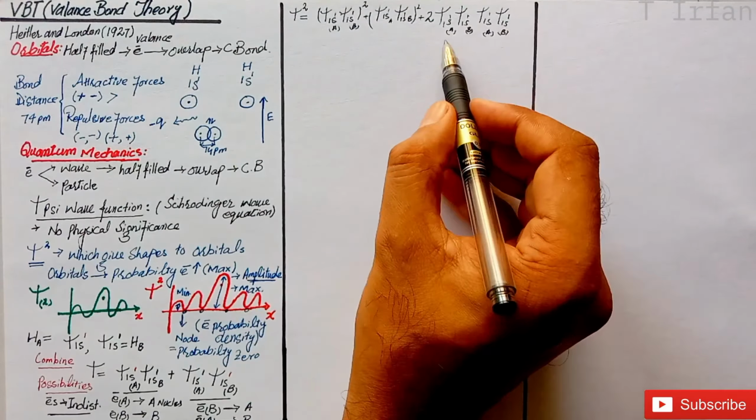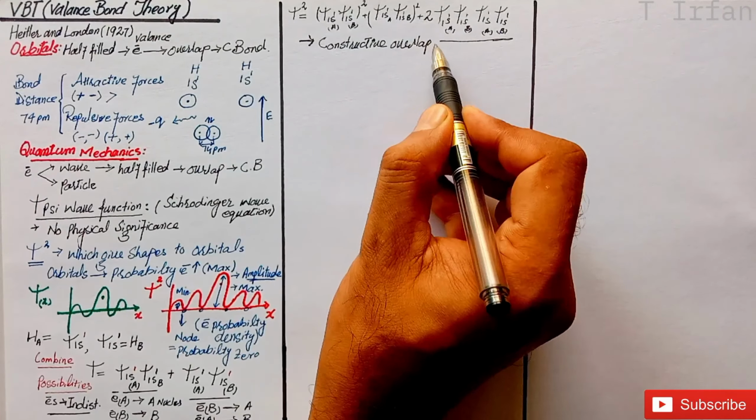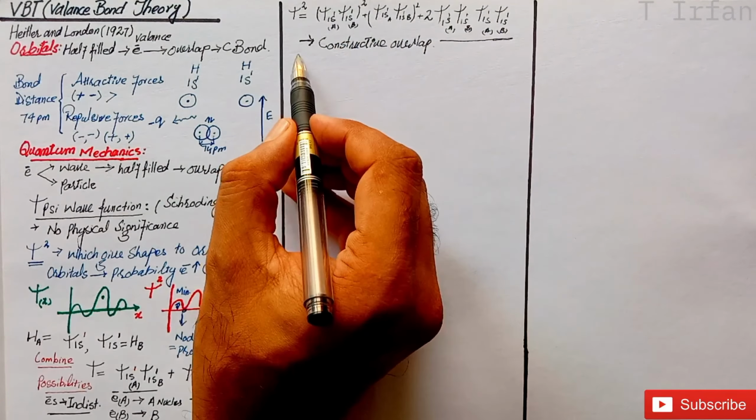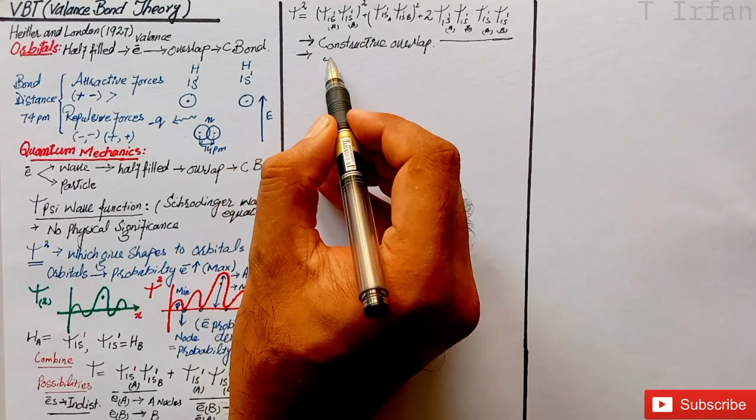By constructive overlapping of waves of electrons in different atoms, the electronic density between the two nuclei increases. And as the electronic density between the two nuclei increases, the bond becomes stronger. This is the actual reason behind covalent bond formation in valence bond theory.